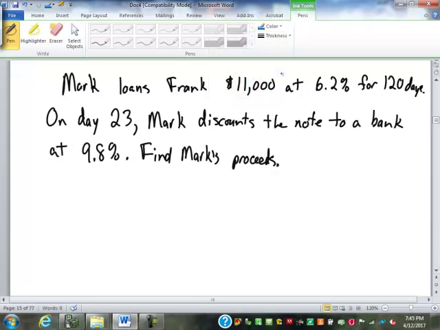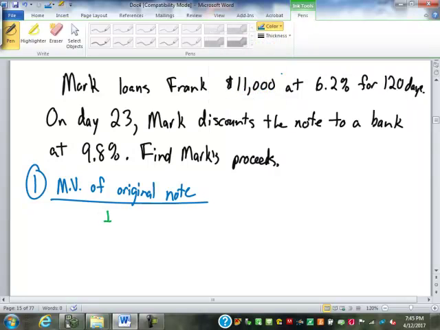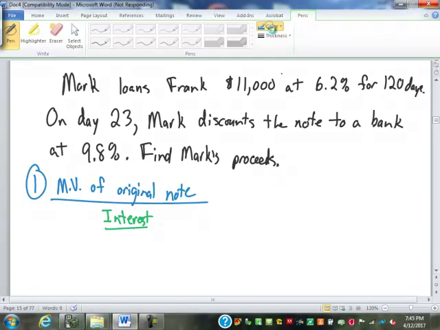Where do I start? Maturity value of the original note. So to do that, we need to find, of course, first the interest.